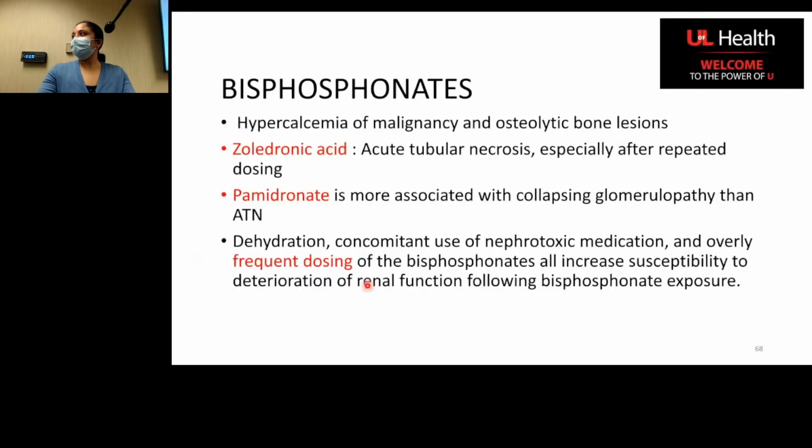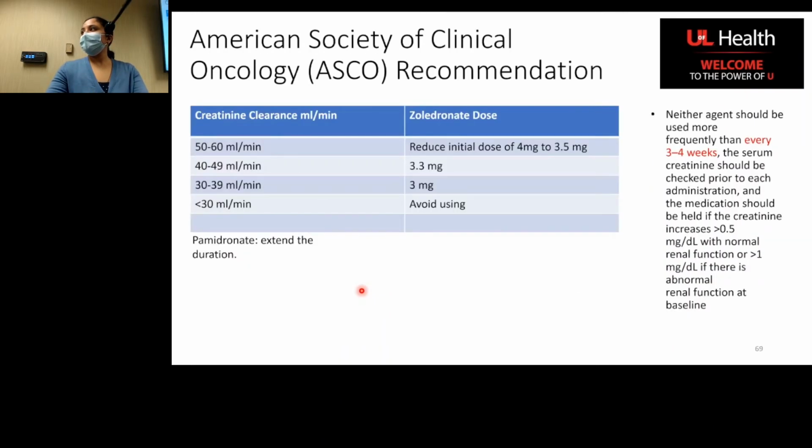Then pharmacokinetics, mainly bisphosphonates is the one that I would like to point out because we get asked a lot about that too. Zoledronic acid and pamidronate. Both are nephrotoxic, causing ATN or collapsing glomerulopathy. Frequent dosing is what leads to higher risk of nephrotoxicity. Once the GFR is below 30, we should avoid using any of these bisphosphonates.